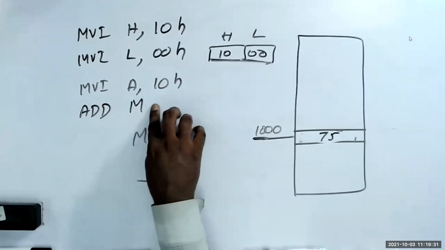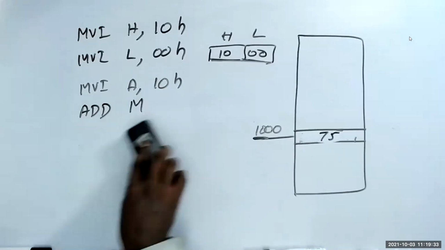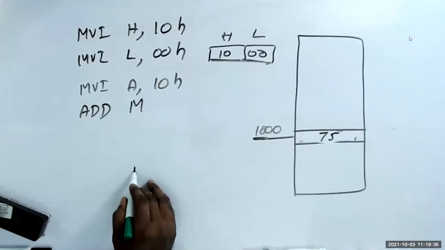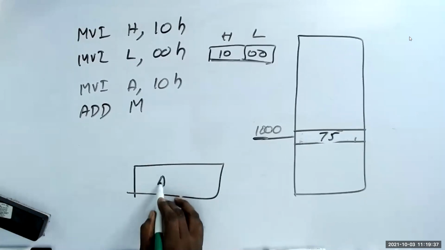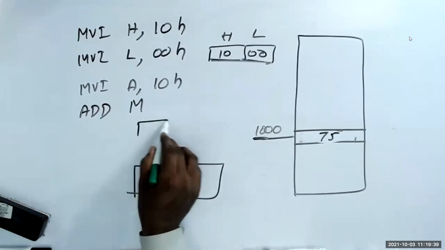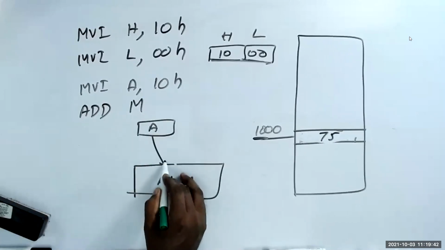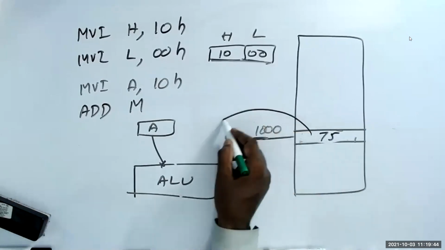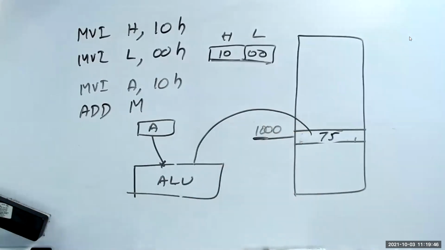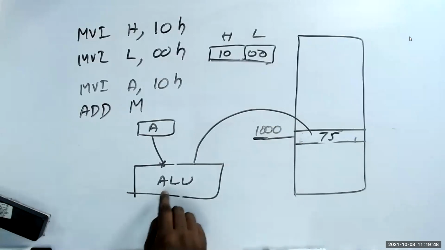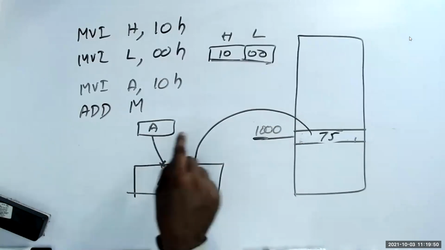Add M. What I'm trying to say is that this microprocessor's ALU is taking the value from the accumulator and a value from memory and adding. But I previously told you this is not possible because the ALU does not add from memory.